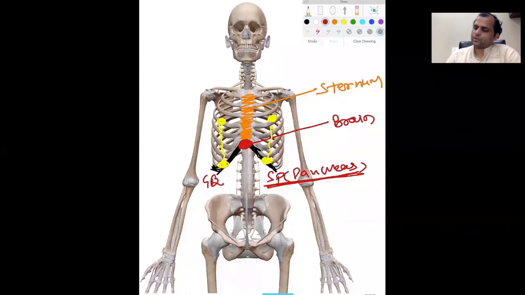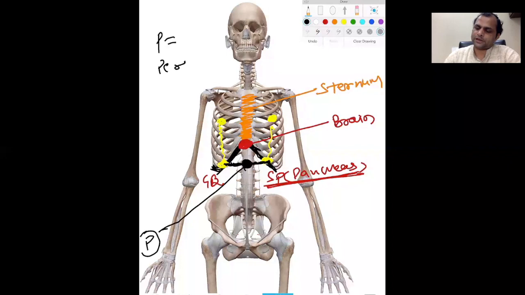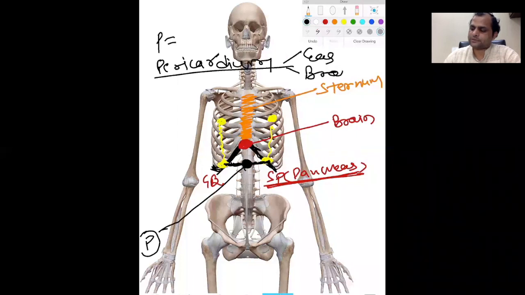Now we will unite the point of gallbladder and spleen together like that. So the middle point, this is the point of pericardium, P. The meaning of P here is pericardium, which is connected with gas and brain.